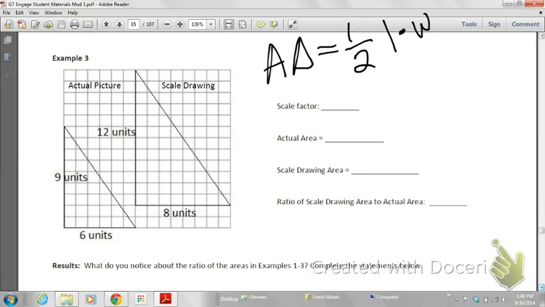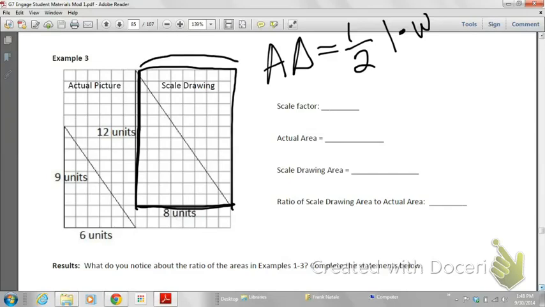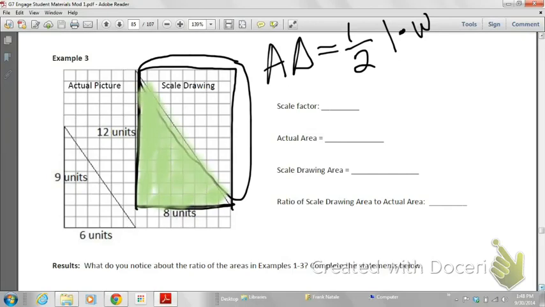Because you're going to take these two one-dimensional measures and multiply them, but that would actually give you the area of a rectangle that big. But if you notice, what you've done here is you've added a whole half. So you can see how this triangle down here is just half of a larger rectangle. It is just 1/2 of this large rectangle.